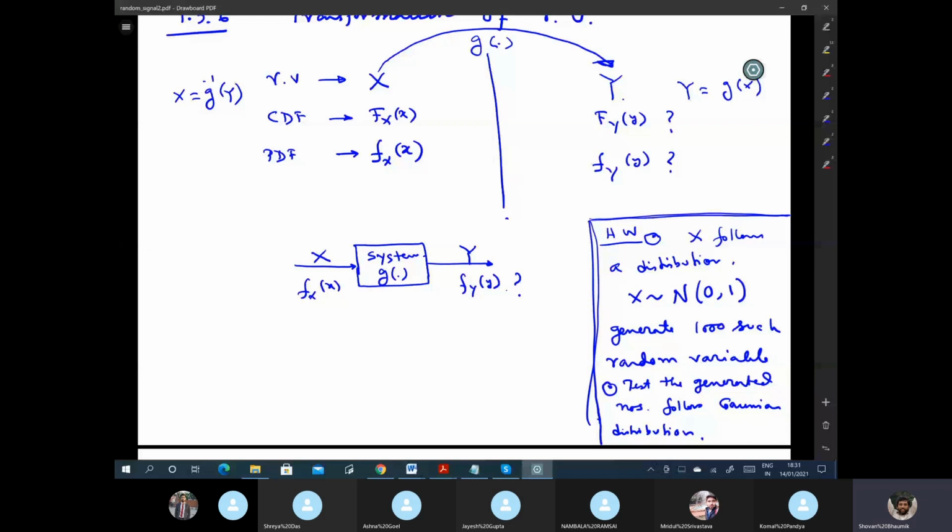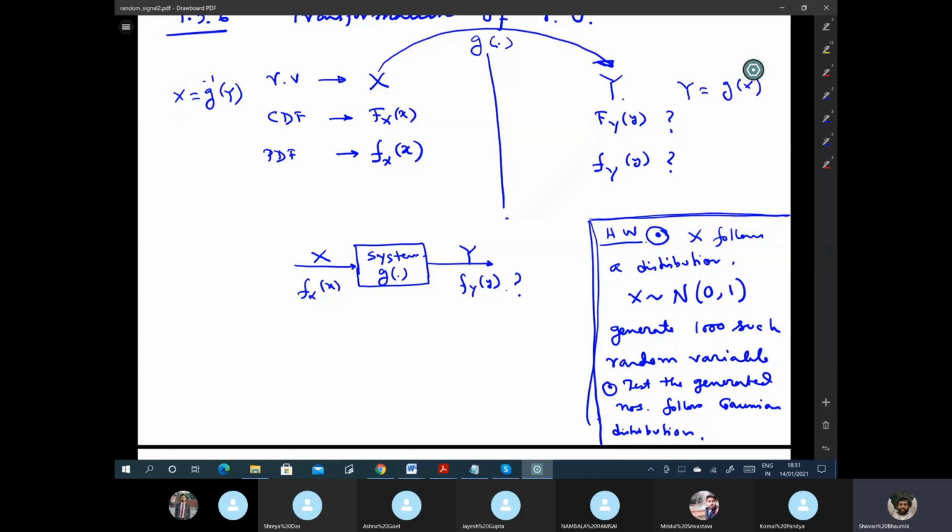Any comments? I'm coming to this transformation. Why is this important? Because you have a sufficient population, say 1,000, 10,000, or even 1 lakh. Then you can transform each random variable with the function G, which you know, and you will get the population of Y. Call it a cloud.